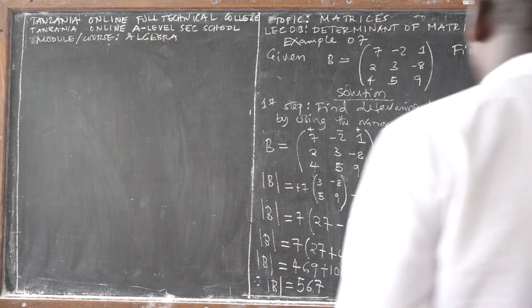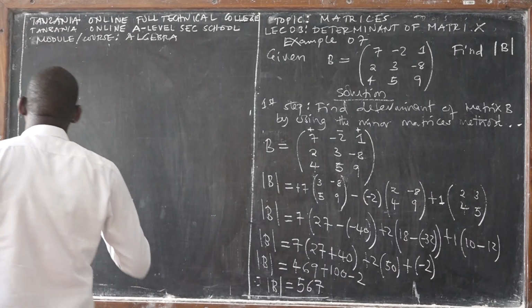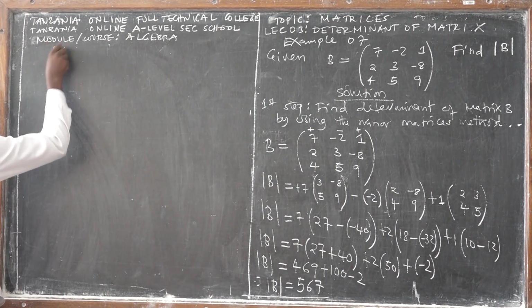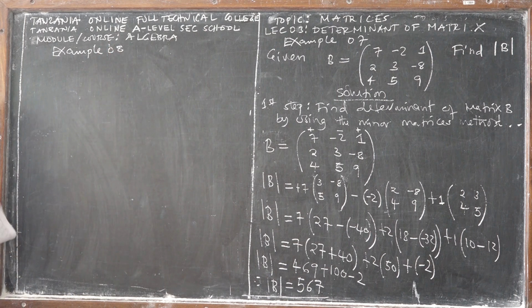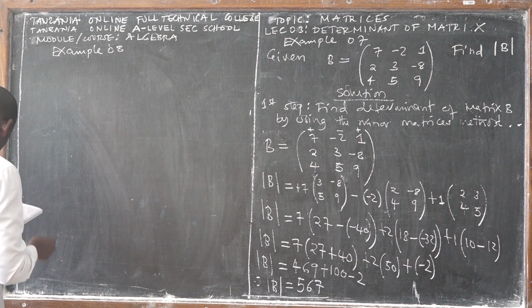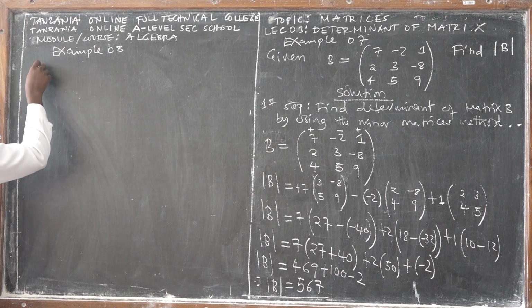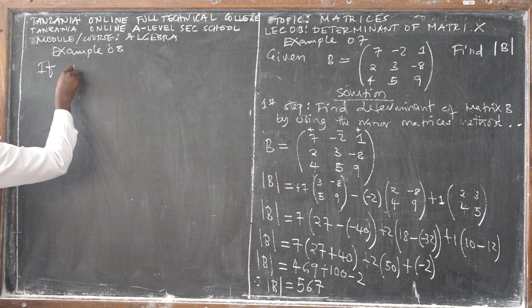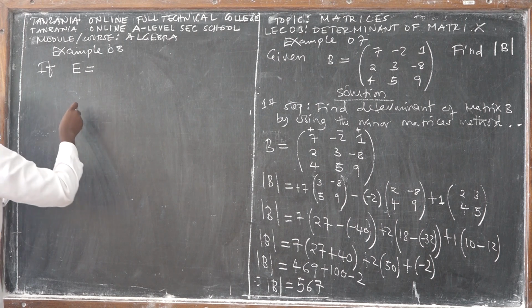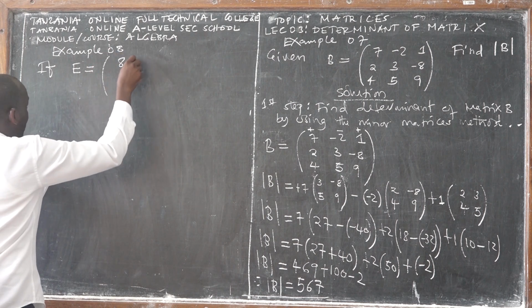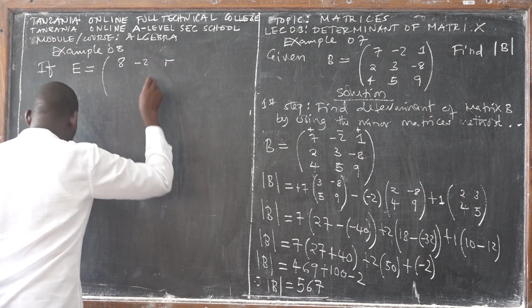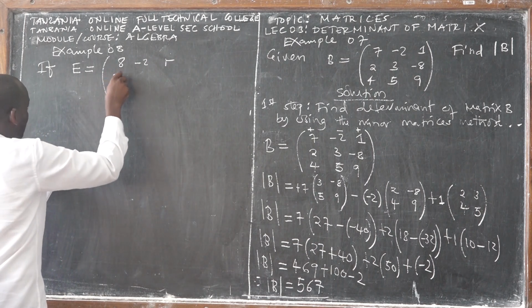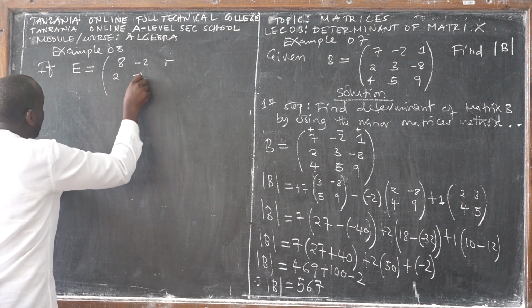So now we are getting to example 18. If we have been given a matrix E, this is equal to what? 8, negative 2. This is the one that you have done in your class session. This is 2. This is negative 3.